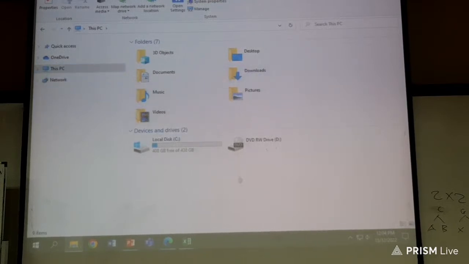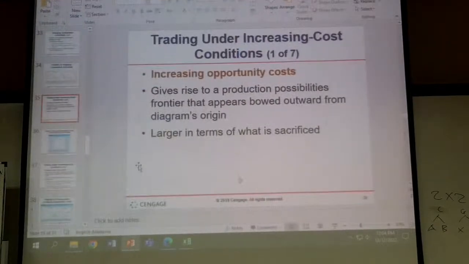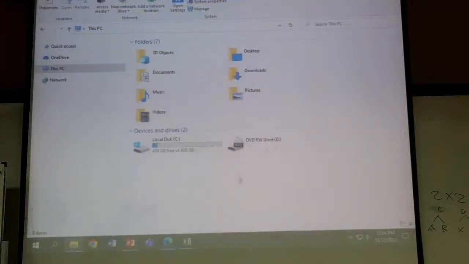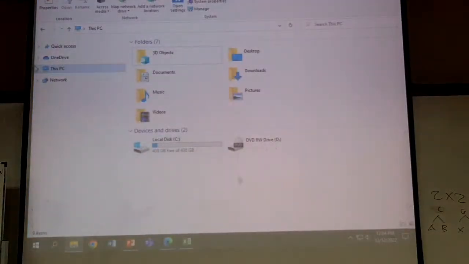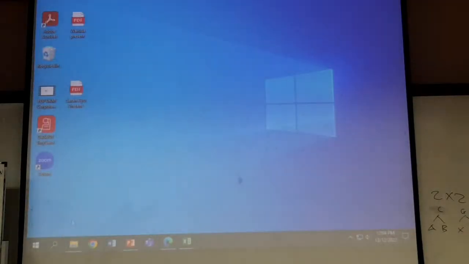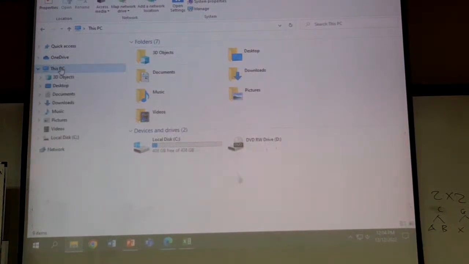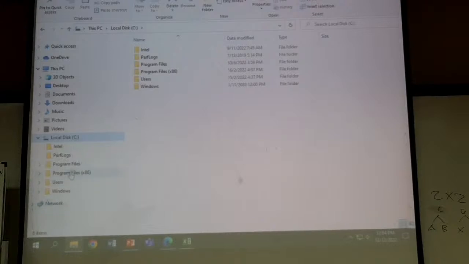Where's my pen drive? Do you see my pen drive?